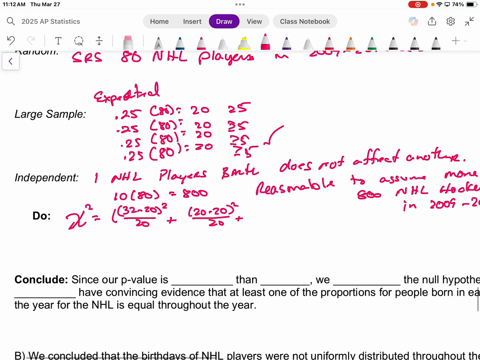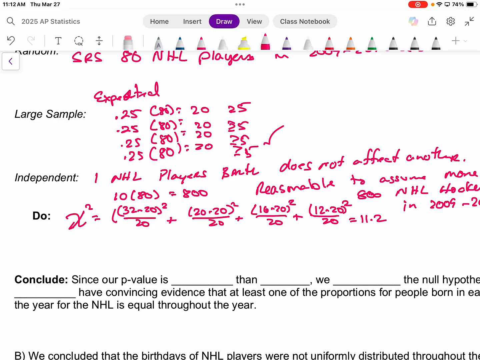This one's not bad to do all four of them because there are only four, so we might as well do them all. 16 minus 20 squared over 20, plus the last category, 12 minus 20 squared over 20. So there's my process. If we did all the math, that comes out to be 11.2.